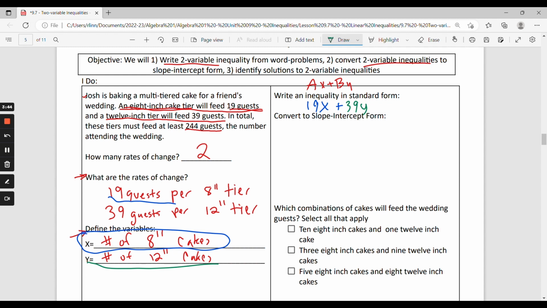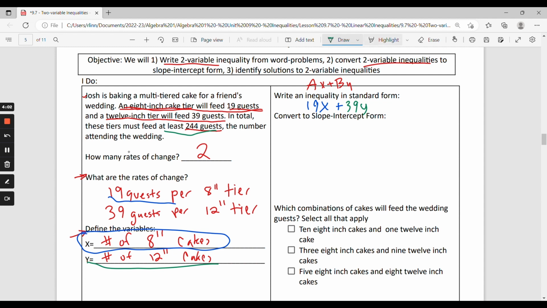Now when I'm writing an inequality, I need to figure out, okay, what inequality symbol am I going to use? Because unlike equations, there's not just one. We've got 4 different ones that we have to choose from. So I can see that this needs to feed at least 244 guests.